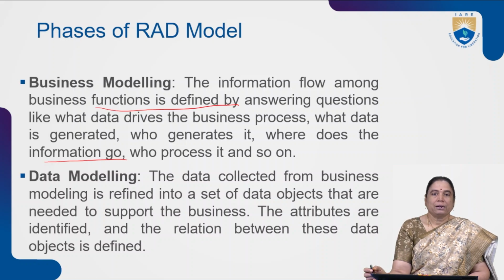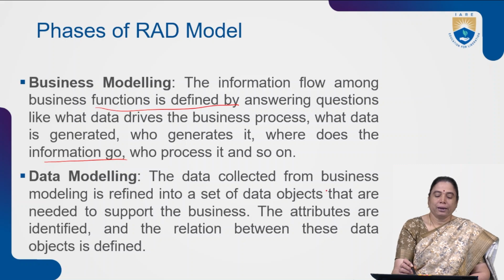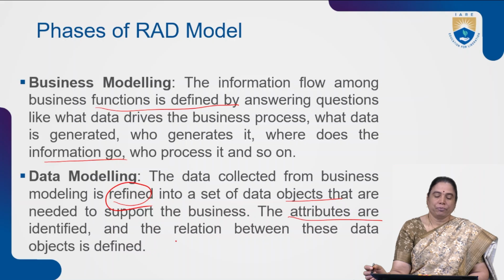So questionnaires and surveys are basic forms of information gathering in business modeling. In data modeling, the data collected from business modeling is refined into a set of objects that are needed to support the business. The attributes are identified and the relations between these data objects are defined.